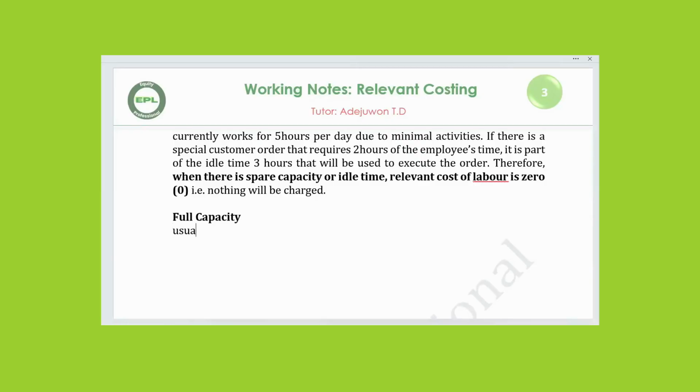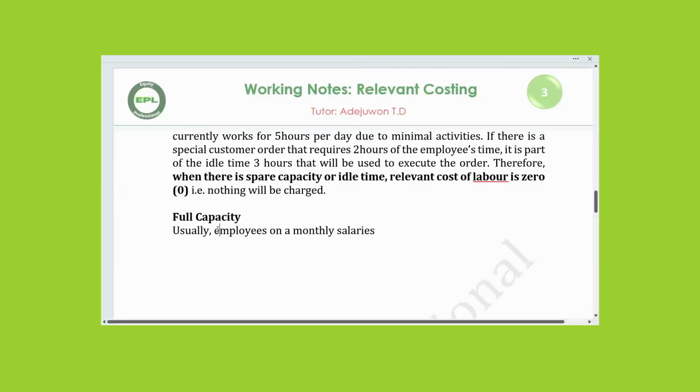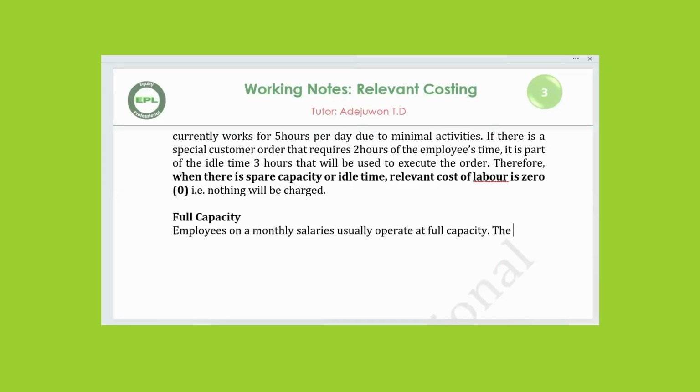usually employees on monthly salaries operate at full capacity.